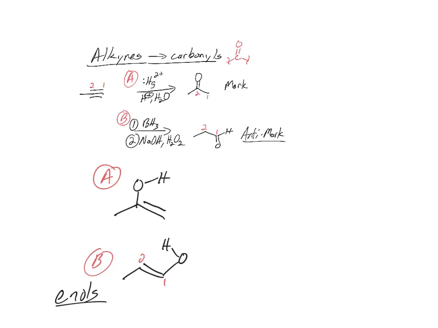Carbon 1, carbon 2, carbon 1, carbon 2. These enols tautomerize into carbonyls. One to an aldehyde, the other to a ketone.